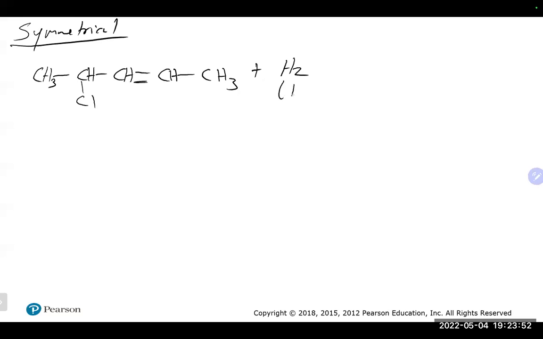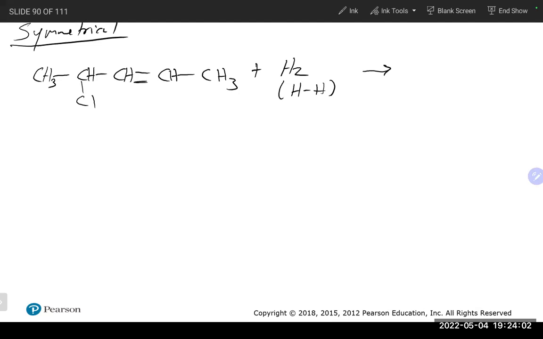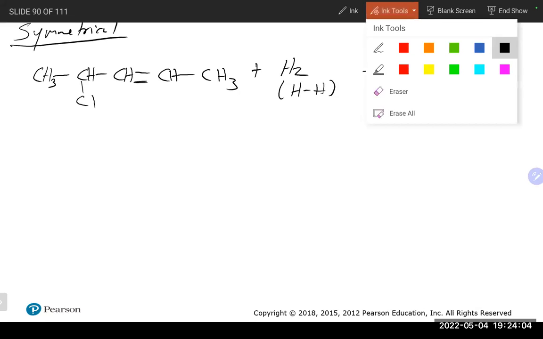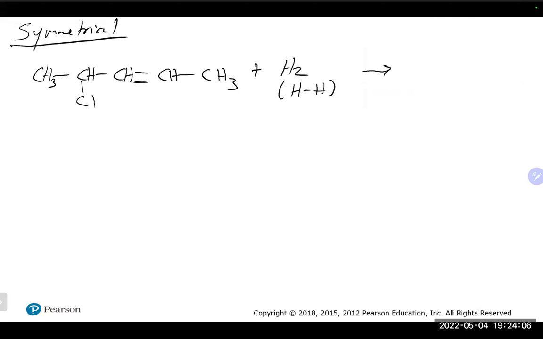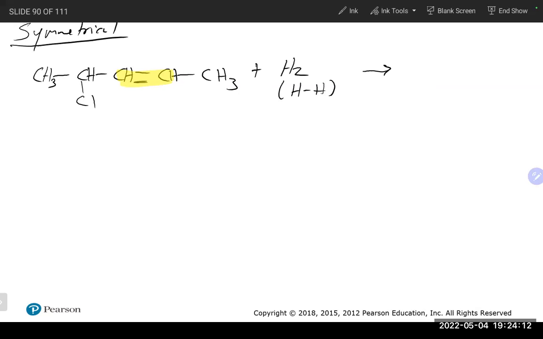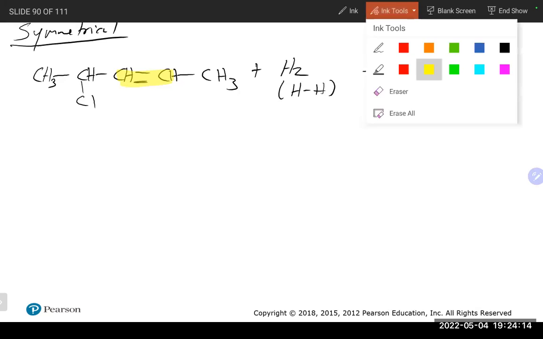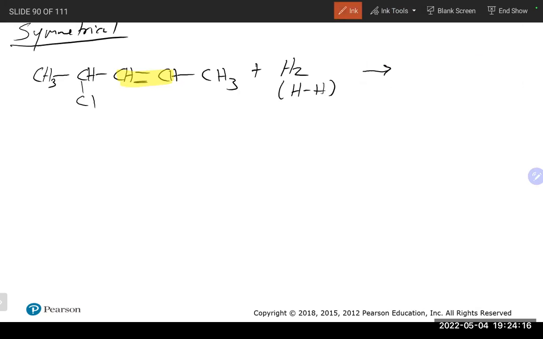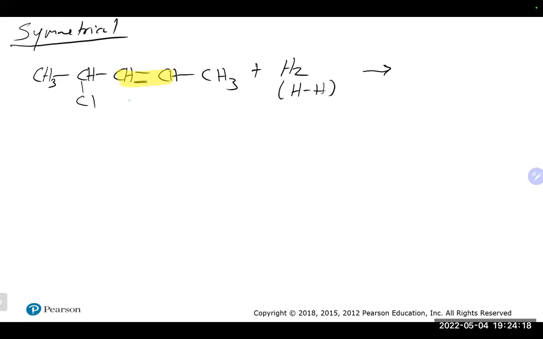When we add H2, it's basically two hydrogens. Once again, although there's a bunch of stuff drawn on there, the only place of focus that we should have is right there at the double bond location. And what I'm going to do is know that this is going to be an addition reaction because I'm starting with an alkene.